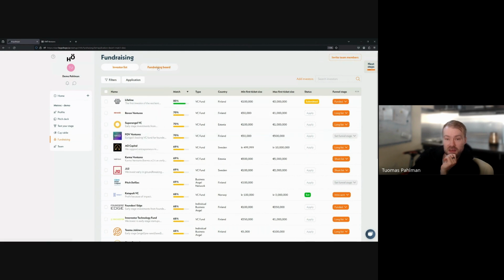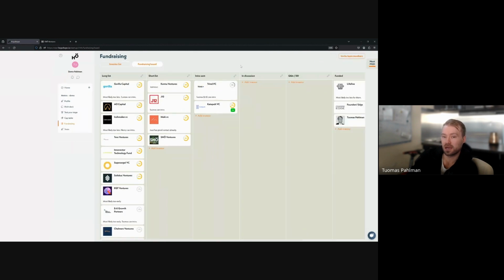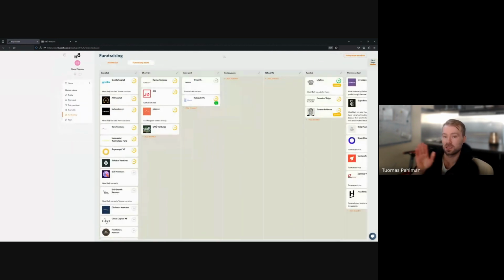Out of here, we then build you a Kanban and a funnel where you can manage your fundraising, so you can see how you're progressing with discussions with each of the investors.